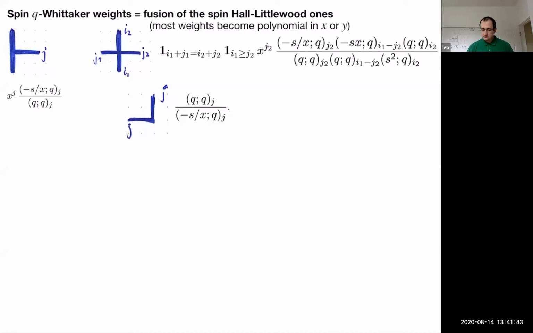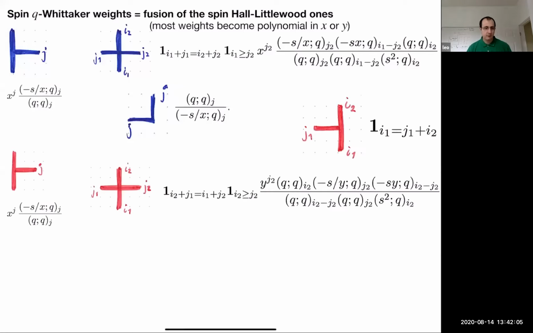And after a number of steps, you arrive at other types of vertices, which is also nice. And this would lead to spin Q-Whittaker symmetric polynomials. So these are some types of vertices, and the weights are given by product formulas.